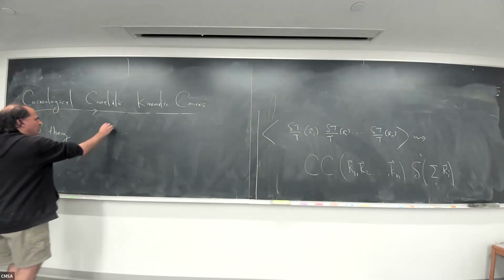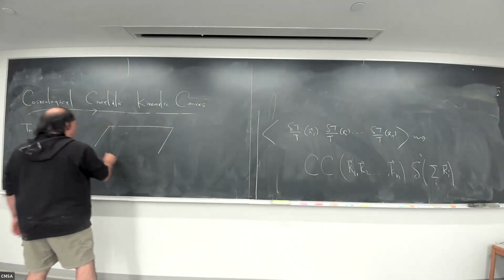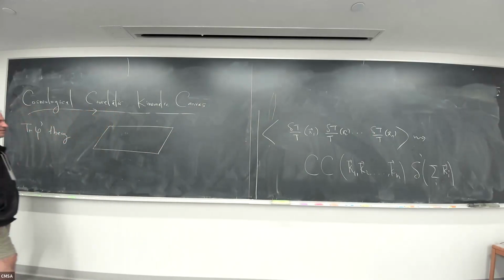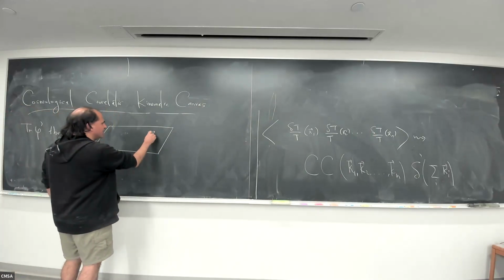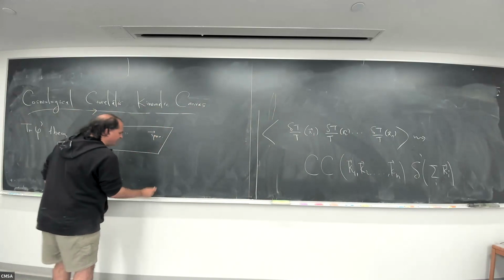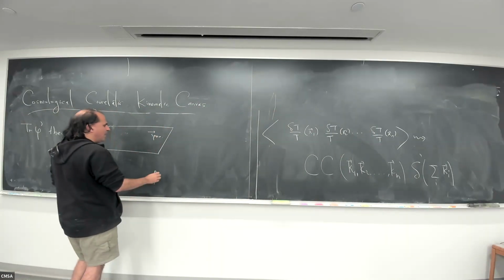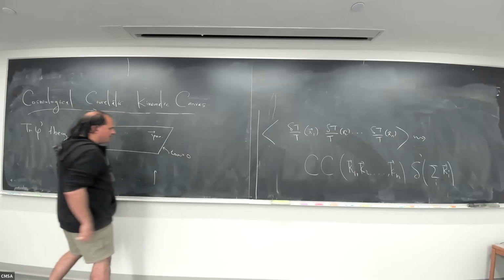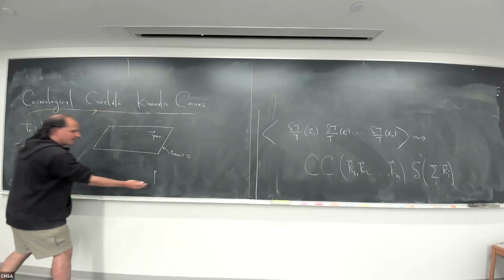Just to give you a picture, I might draw this picture a number of times. Here's a picture of space and time. This is space. Here's time. So here's now. This is the past.